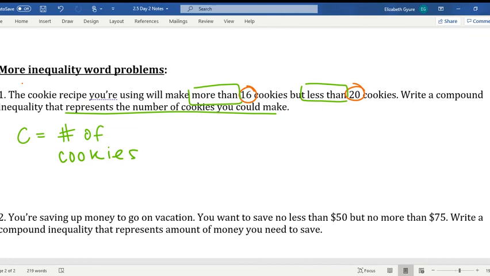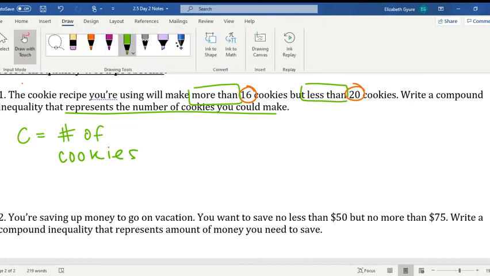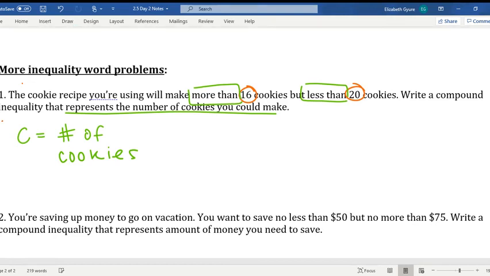Inside. So think about the kinds of graphs we've seen. If it's inside a range, is this an and or an or? It's an and because it goes on the inside, right? It's in the middle. This is basically saying this recipe is going to make somewhere between 16 and 20 cookies.